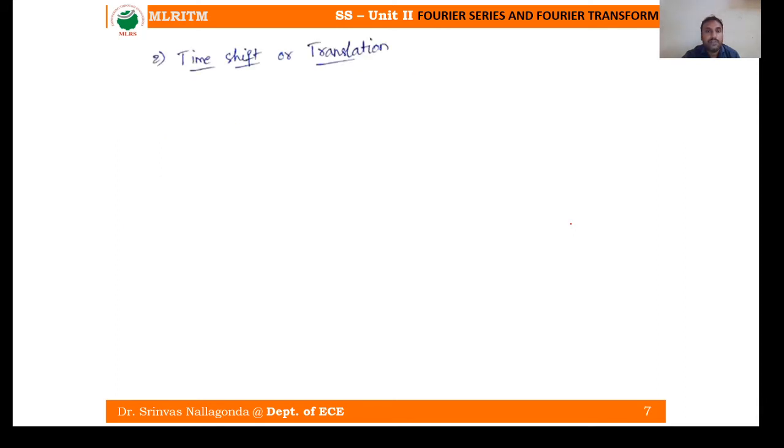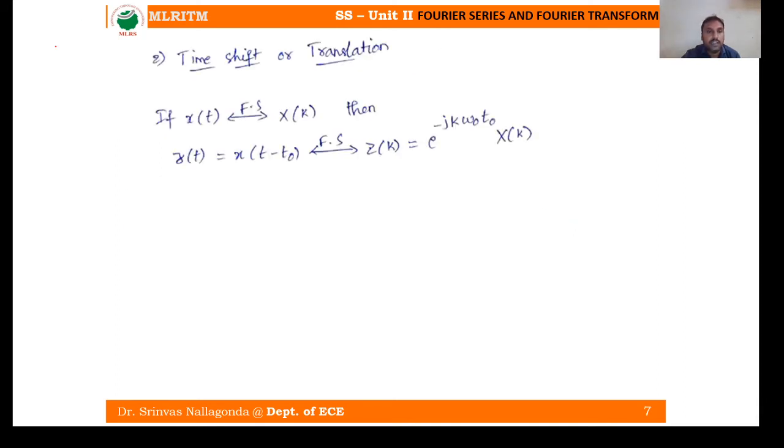Now the time shift or translation, the time shifting property. If the Fourier series of x of t is x of k, then z of t equal to x of t minus t naught is a time shifting.